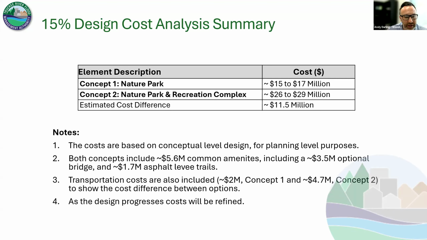As I mentioned, a lot more circulation and parking is required for the recreation complex itself. And as I shared, we're at 15% at this point. As the design progresses and becomes more fine-tuned, the costs will be refined as well.